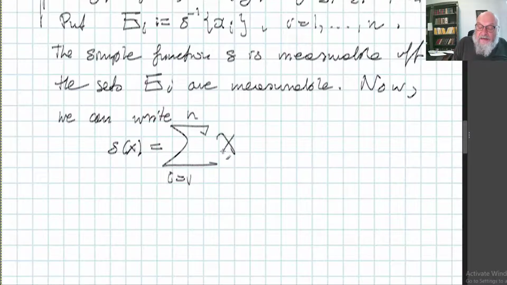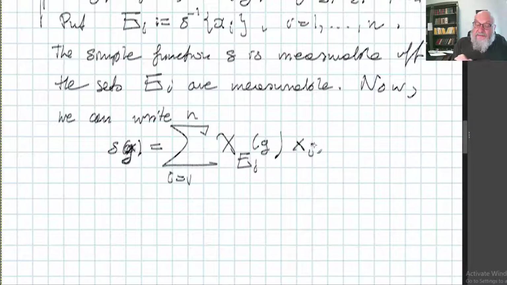of the characteristic function of this E_i, and then x_i. So this is a vector, this is a scalar.